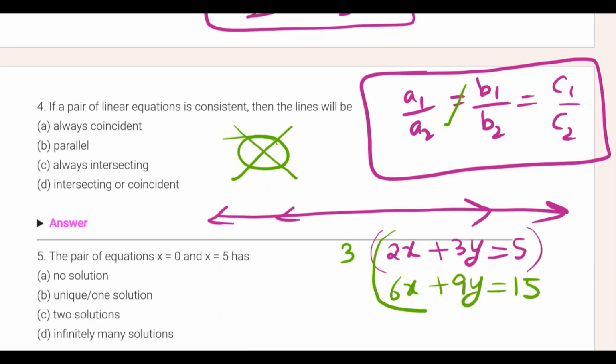So these two equations are one and the same. These two lines are coinciding lines. So for these two lines, we have infinitely many points. We do have a solution, in fact infinitely many solutions. Since we have a solution, it is a consistent system of equations.